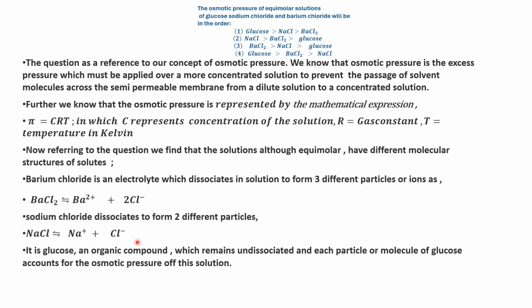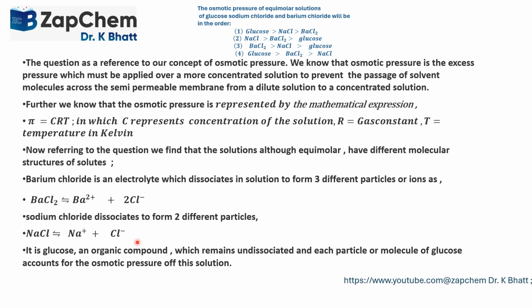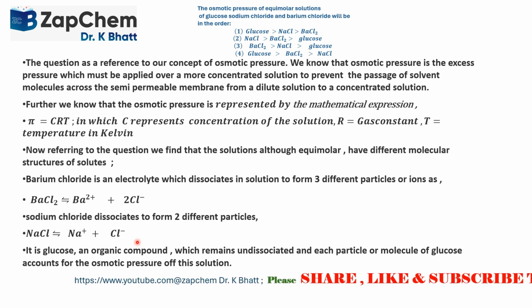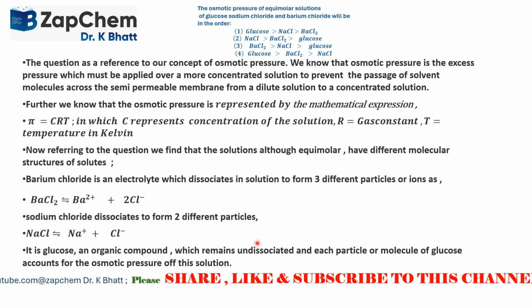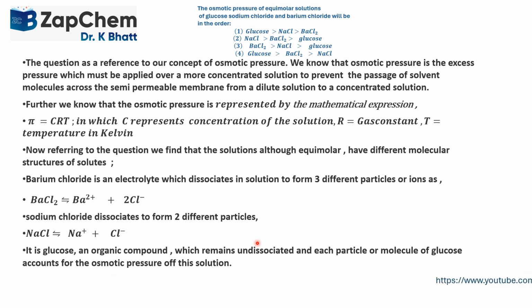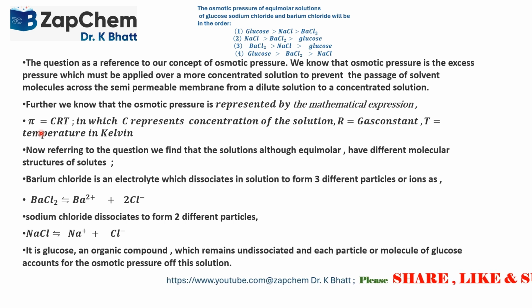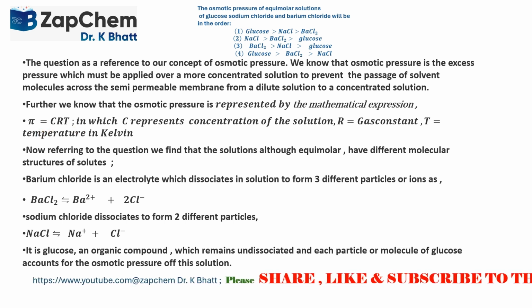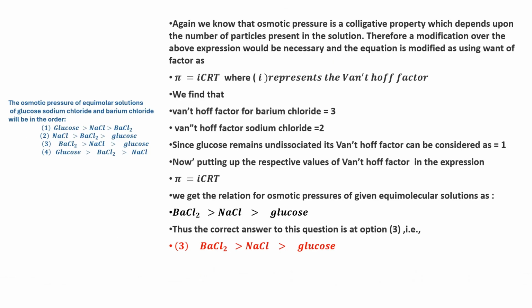And now we know that osmosis is a colligative property, meaning it depends upon the number of particles present in the solution. और हम पढ़ चुके हैं where there is a dissociation, we have to use a correction over the formula. Pi is equal to CRT needs a correction, and that correction is given by what is known as the Van't Hoff factor.